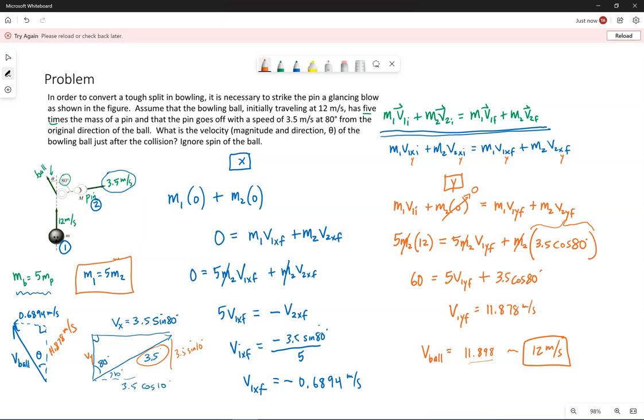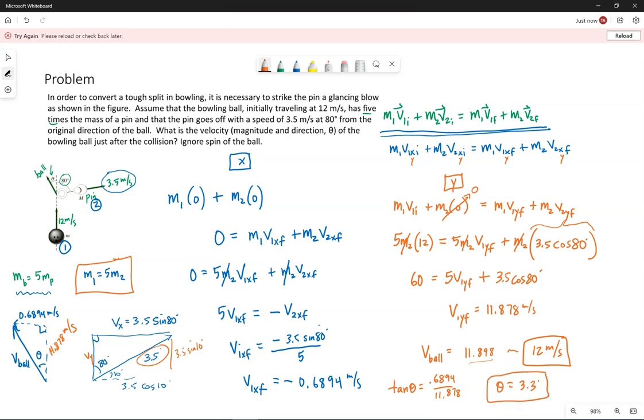The angle, we can say the tangent of the angle theta they've drawn in the picture and asked for would be 0.6894 over 11.878. So when I take the inverse tangent of that, I'm getting 3.3 degrees.